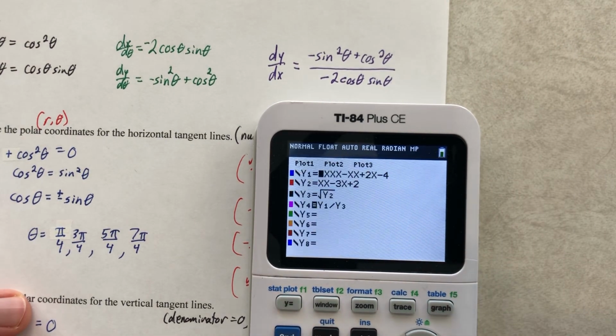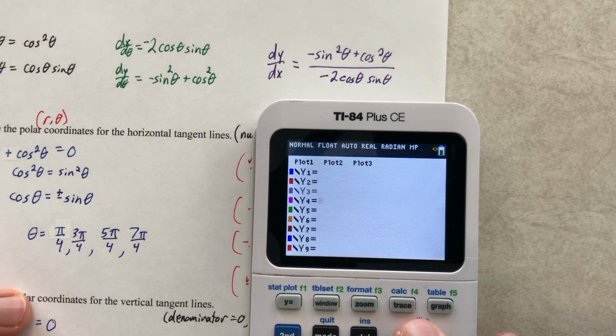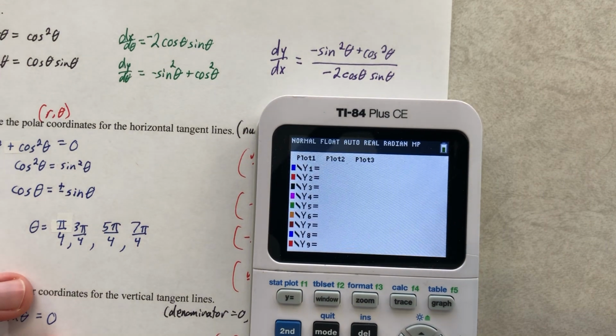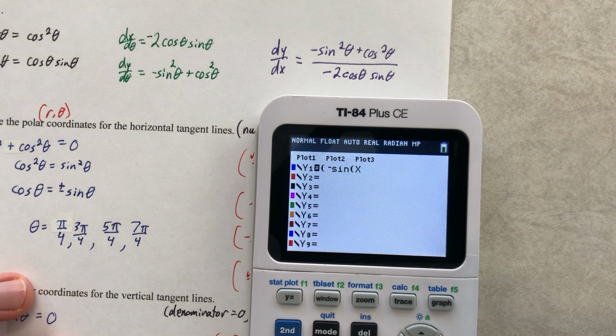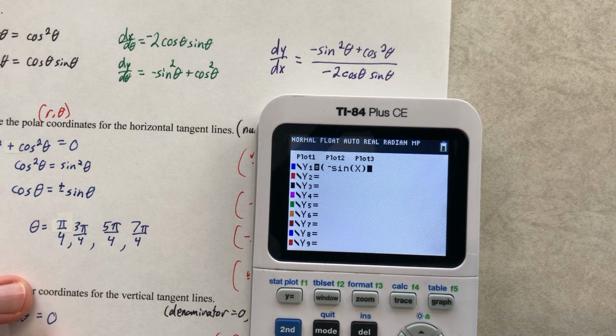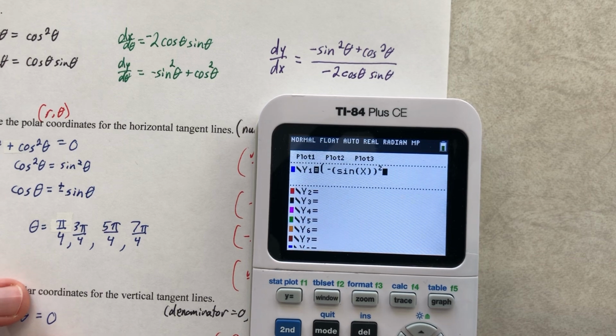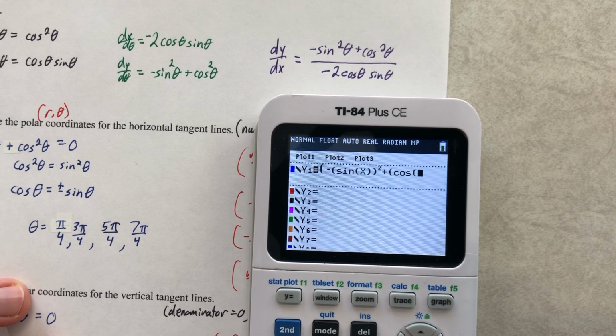So y equals, clear out all the other stuff that you have, and let's type negative sine theta. And whoops, I'm going to put some parentheses on this thing. That's it. Plus, and then I need parentheses again, cosine x, and then square that whole thing.